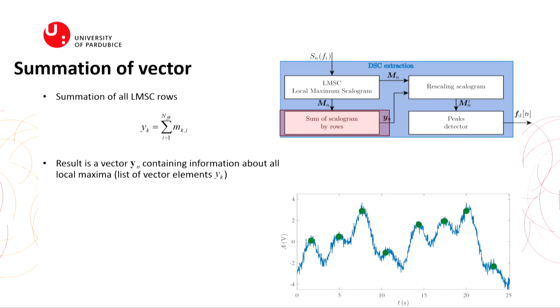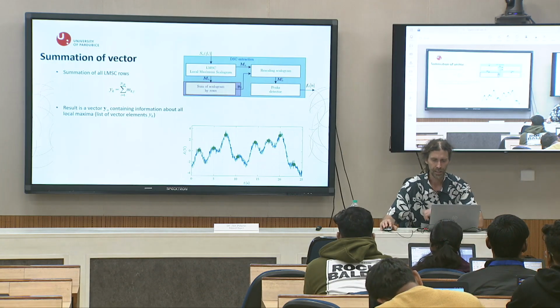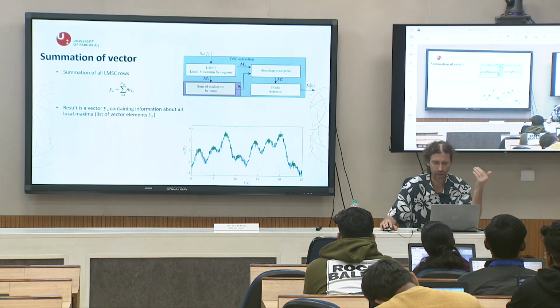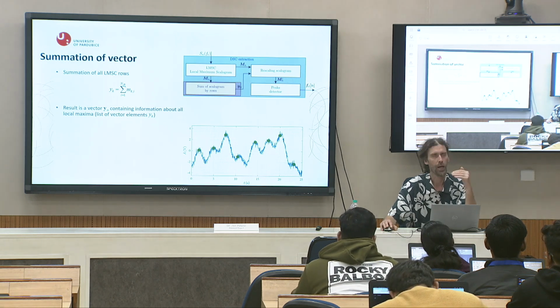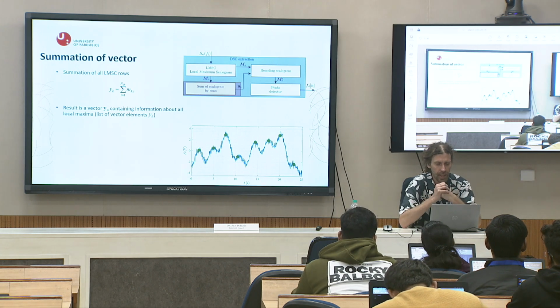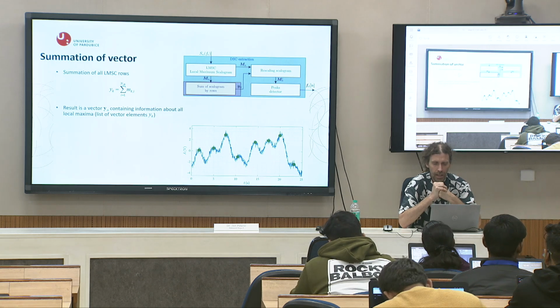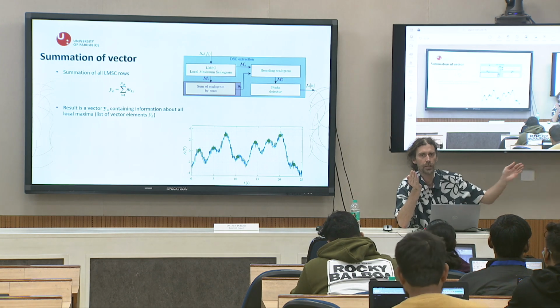Then I make the summation of all scalograms, the sum over our neighborhood sizes, summing each row or equivalently the whole matrix along the scale dimension, and this results in a vector where each component indicates how often sample i was considered a local maximum across all scales.